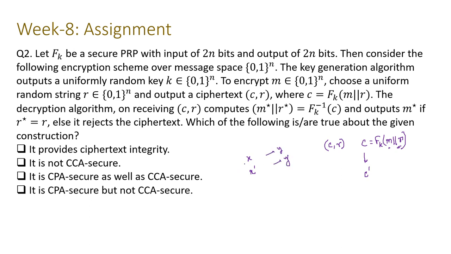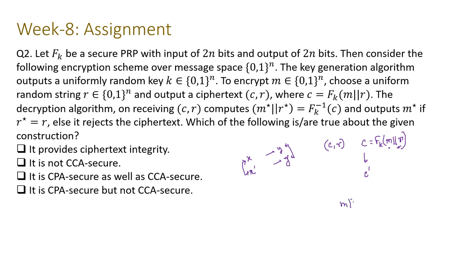So even if X and X dash may be related or differ by just one bit, Y and Y dash, because they are pseudorandom permutation outputs, will seem like uniformly distributed elements over the output space. They will have no relation according to X and X dash.